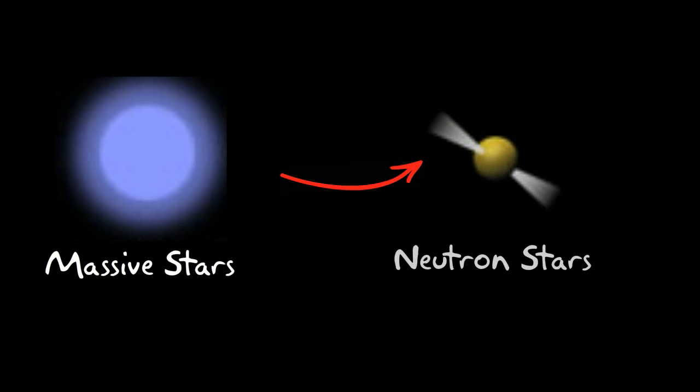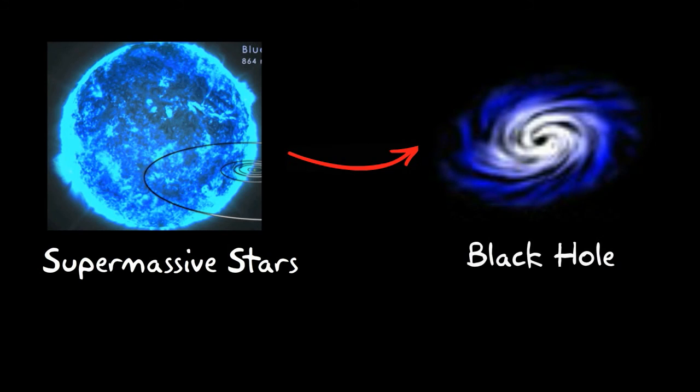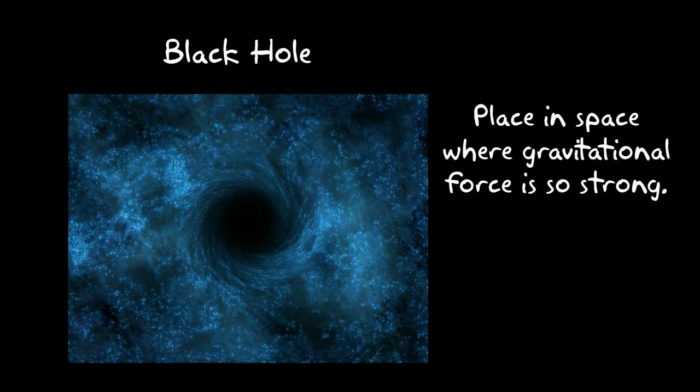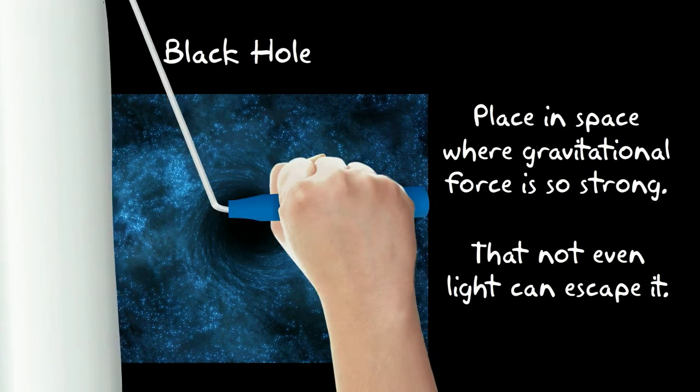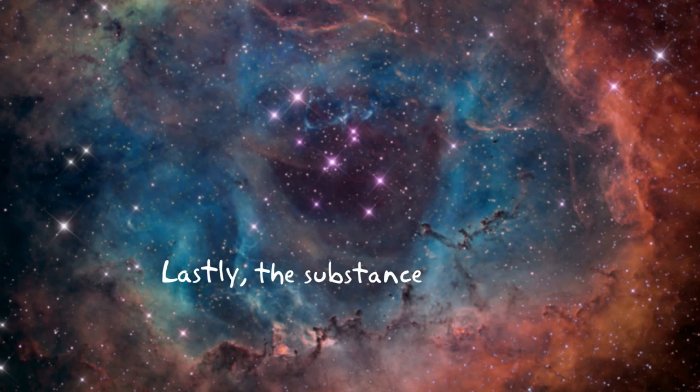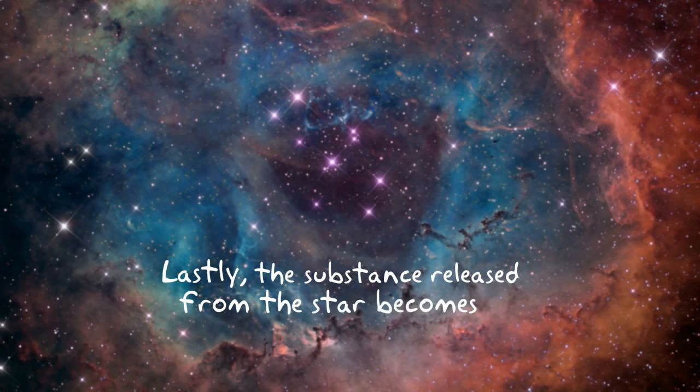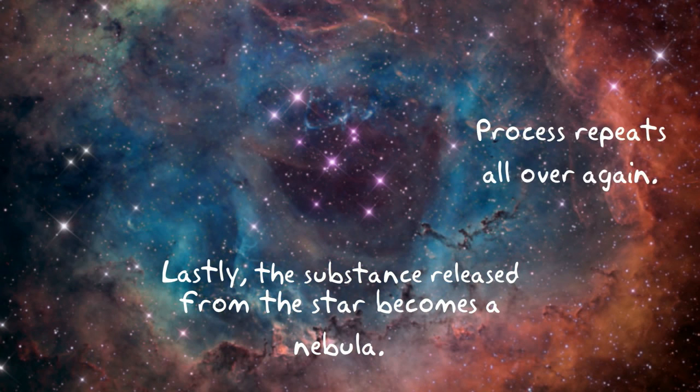Now, the stars which are massive turn into neutron stars, and the supermassive stars turn into a black hole. A black hole is a place in space where the gravitational force is so strong that not even light can escape it. Lastly, the substance released from the star becomes a nebula, and the process repeats all over again.